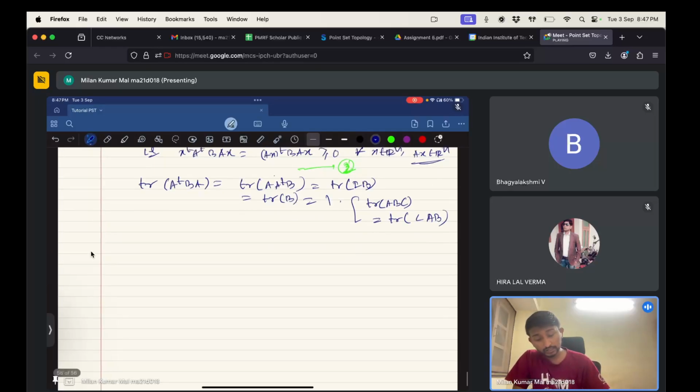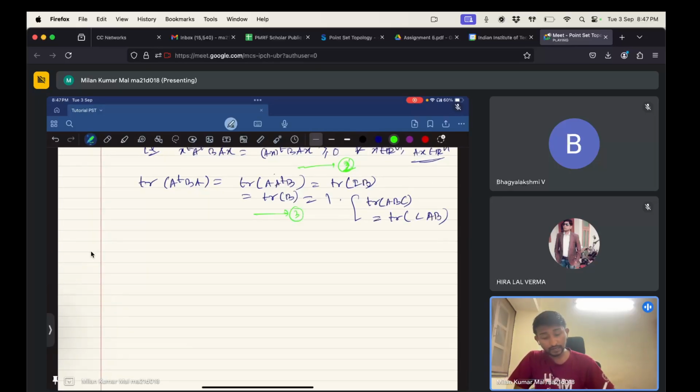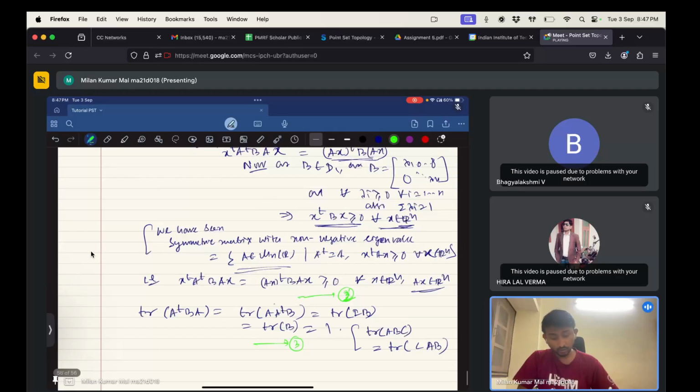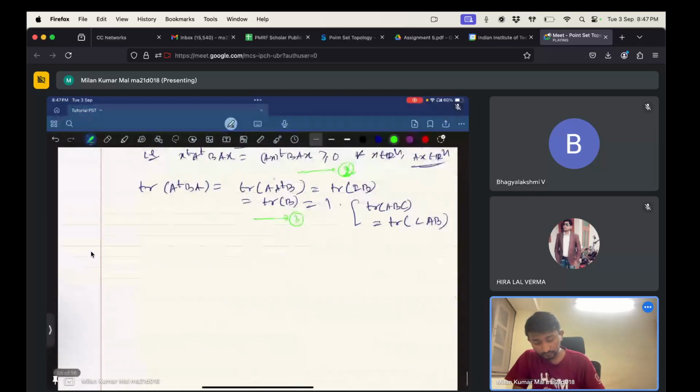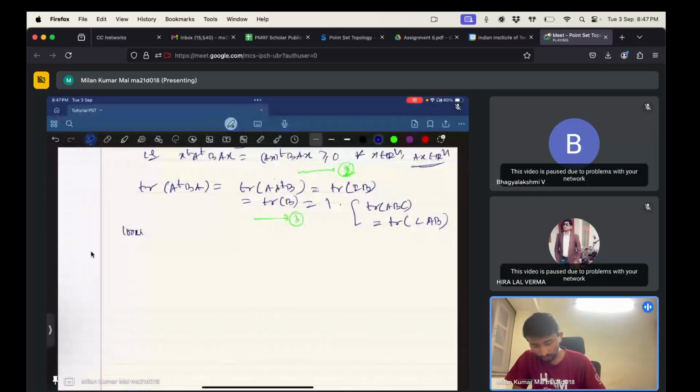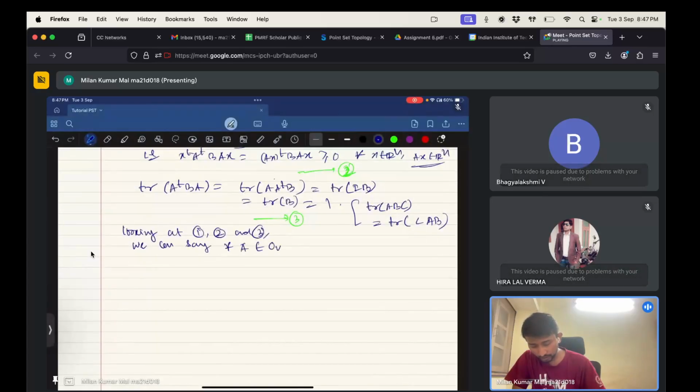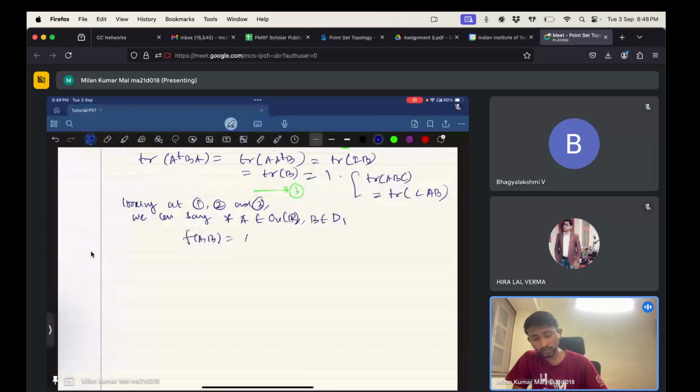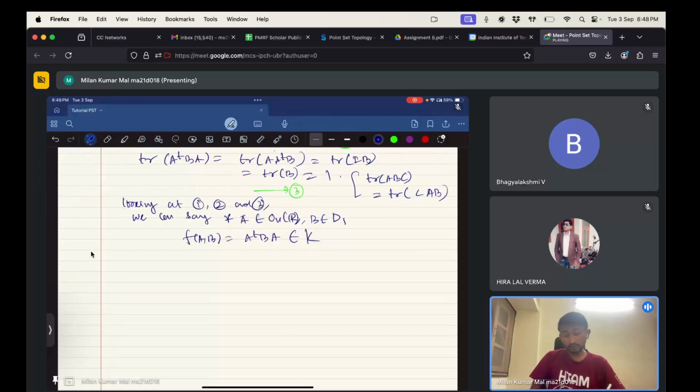So this is property 3. Looking at 1, 2, and 3, we can say for all A belonging to the orthonormal matrices and B belonging to this particular set D1, F of A, B, which is equal to A transpose BA, is an element of the set K. That is what I have proved here.